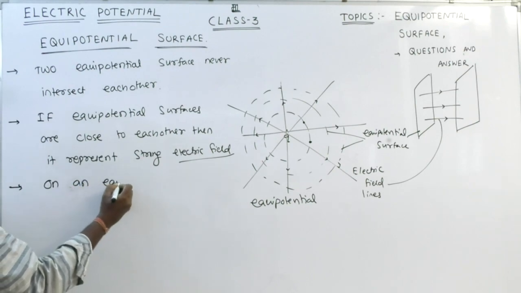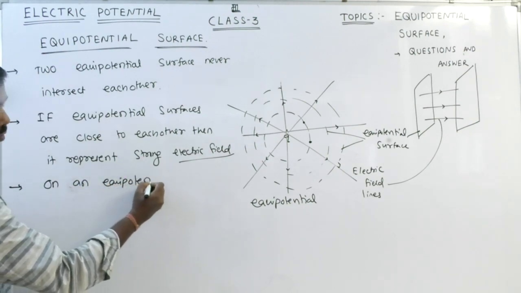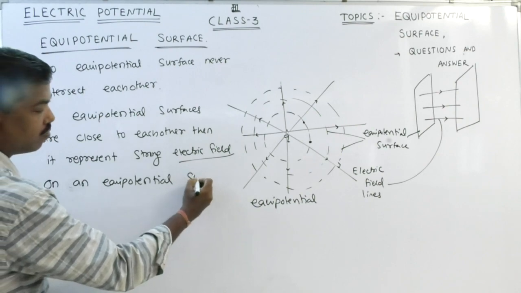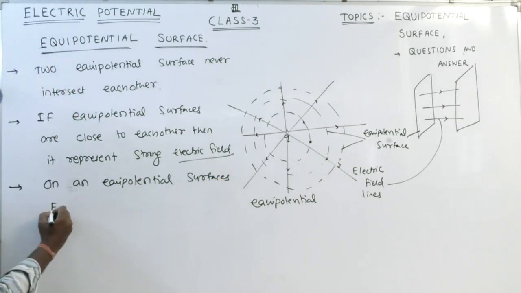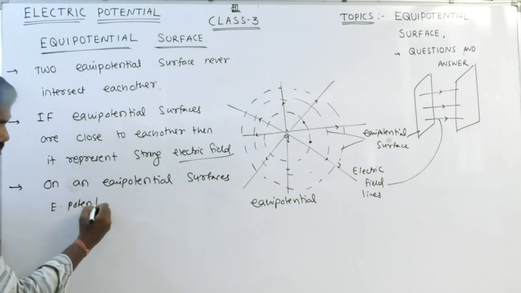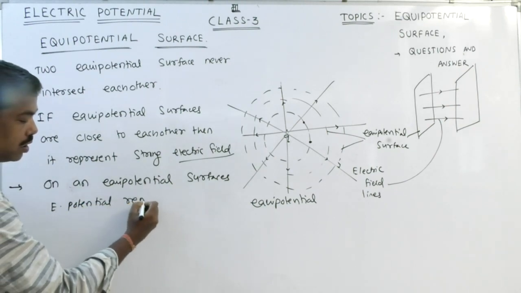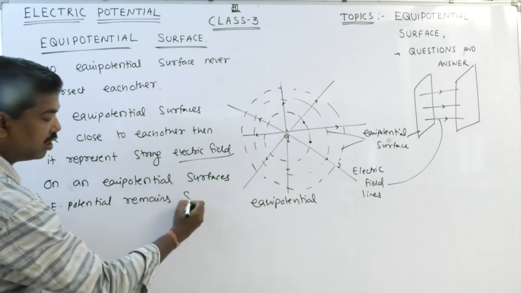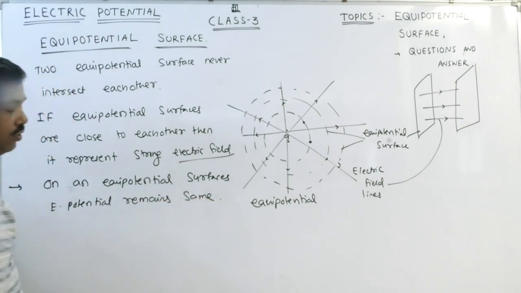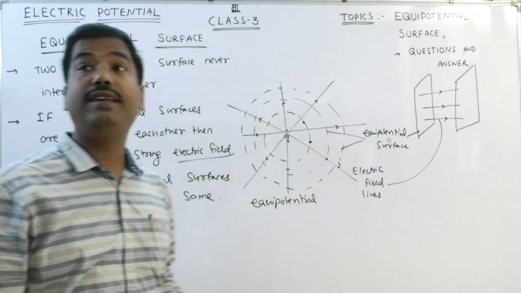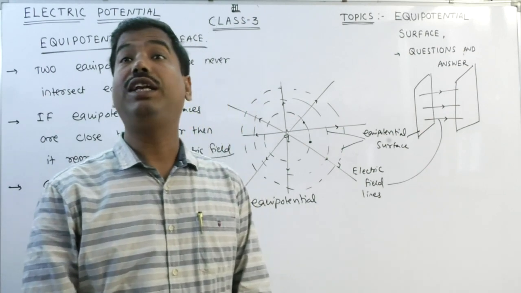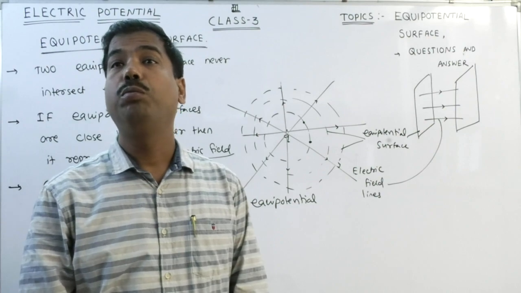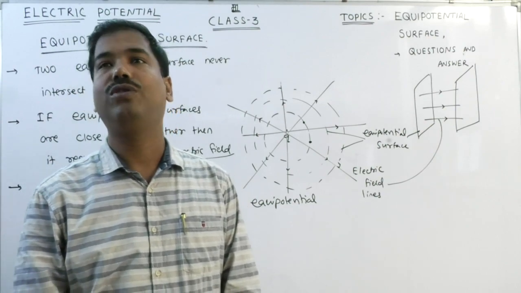On an equipotential surface, the electric potential remains the same. Electric potential remains constant. It means if the potential is constant, the potential difference is zero.